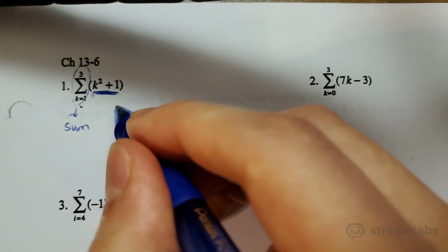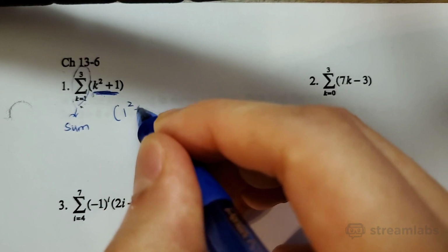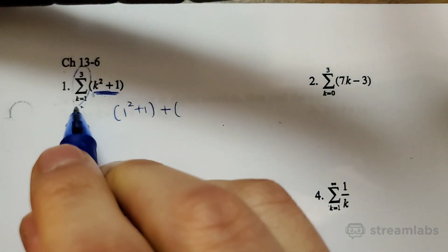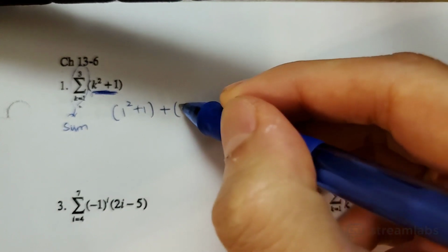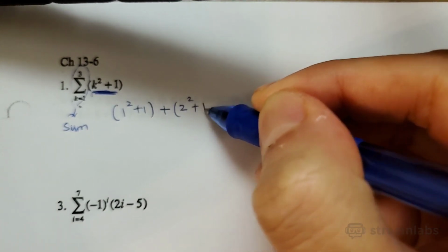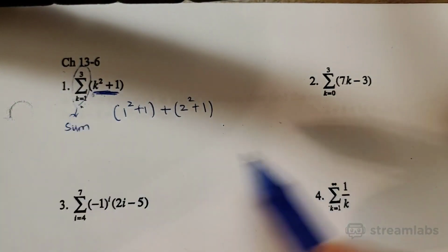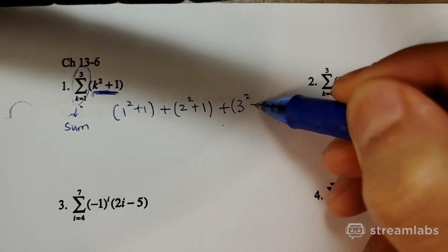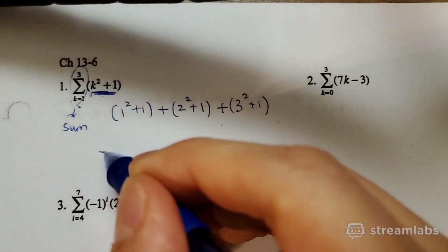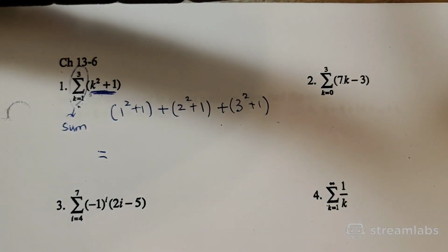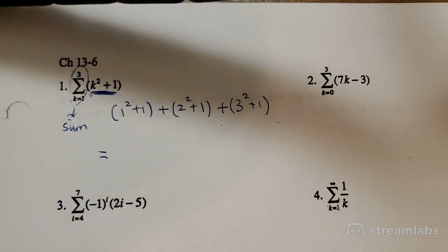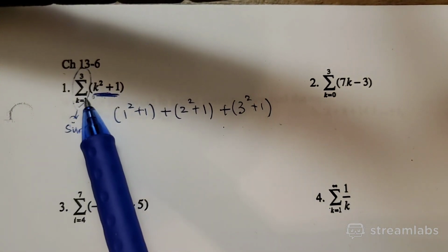So when k is 1, this will be 1 squared plus 1, right? That's the first one. Plus, when k is 2, which is 2 squared plus 1, right? I'm changing the k value. Plus 3 squared plus 1, like that. All right, and you add them up. Does that make sense? So I'm summing the k squared plus 1. What is k?